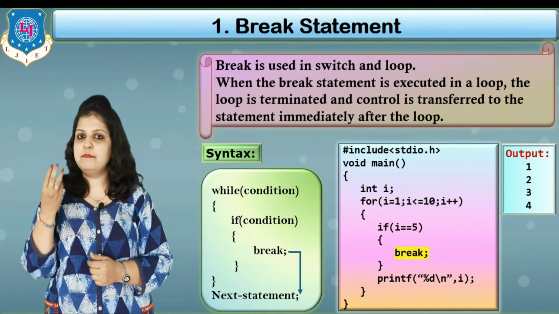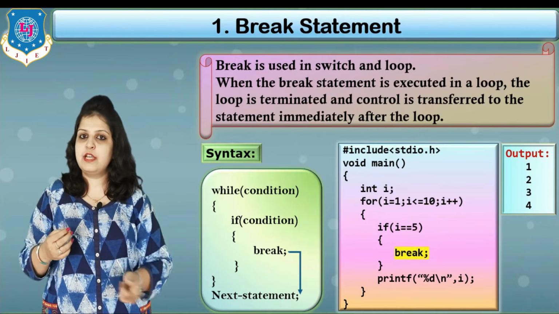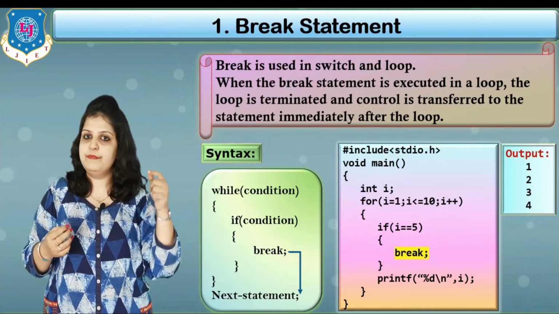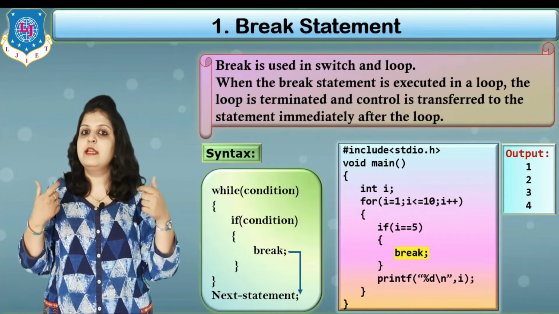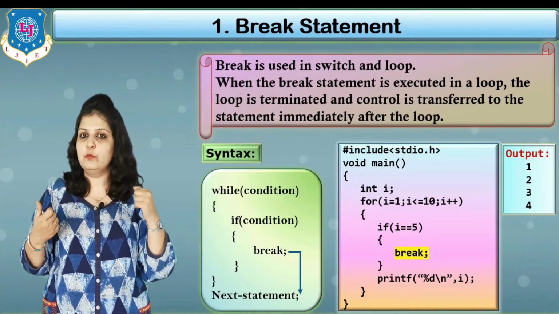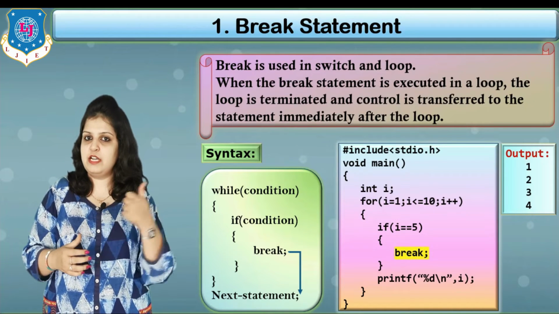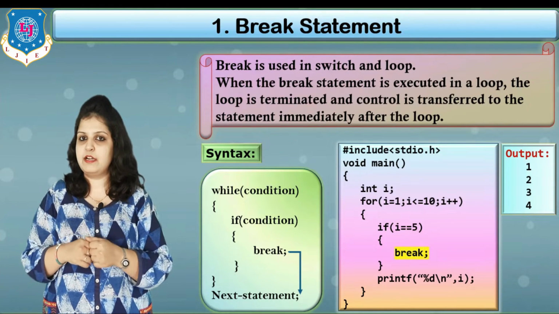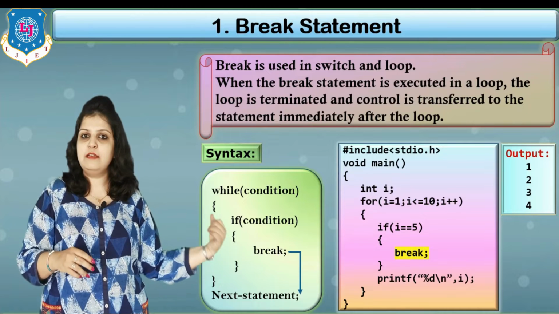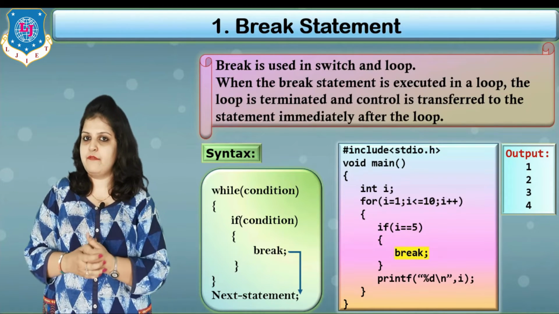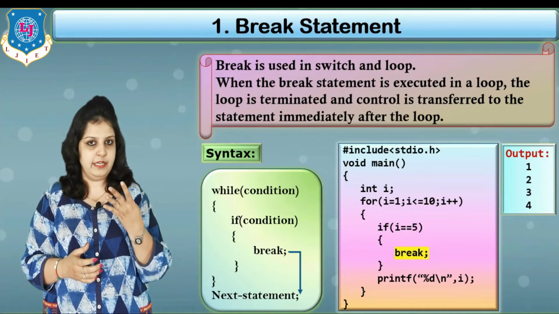So our next i becomes 3, and check the condition of the loop, that 3 less than or equal to 10. Yes, come inside the loop, but check the if condition, that 3 is equal to 5, condition false. So again break will not execute and printf i. So 4 will be printed here.